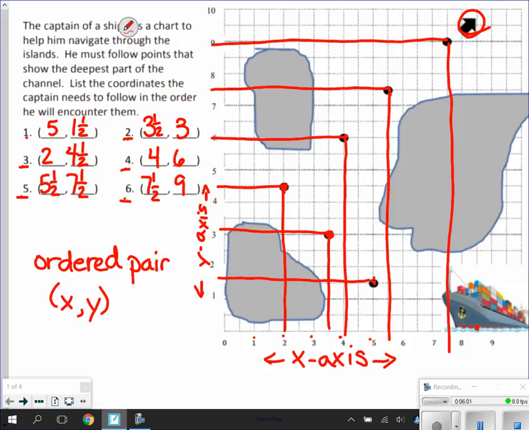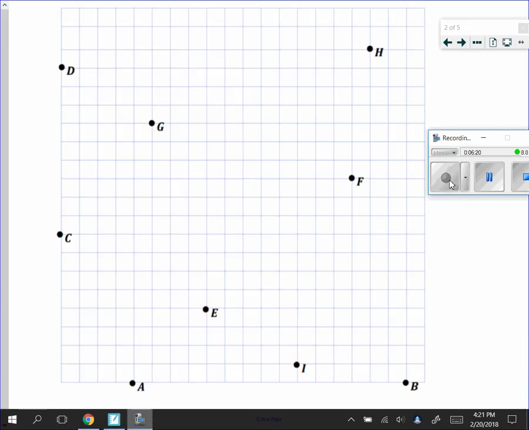So for this next part, you are going to need the white sheet, the lesson 3 coordinate plane template. Okay, you should have received the coordinate plane template.